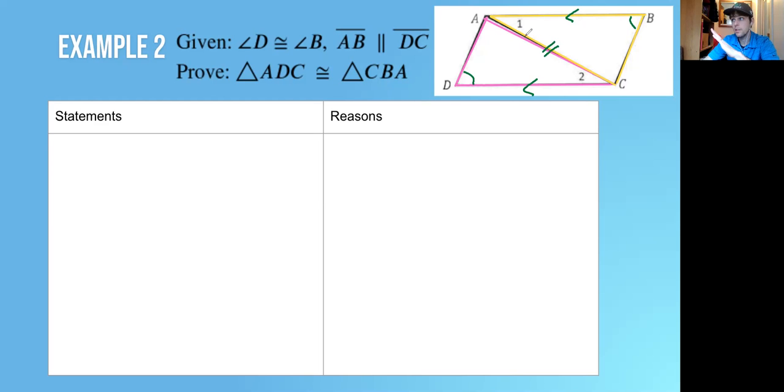That's what makes them alternate. They're different sides of this line here, AC, and they're both interior between the parallel lines. So these would be congruent because they are alternate interior angles. So angle 1 is congruent to angle 2 by alternate interior angles.